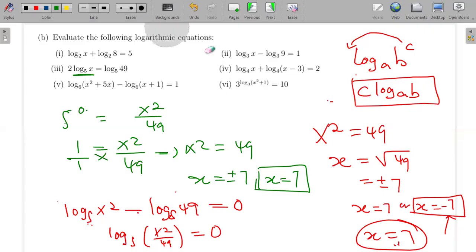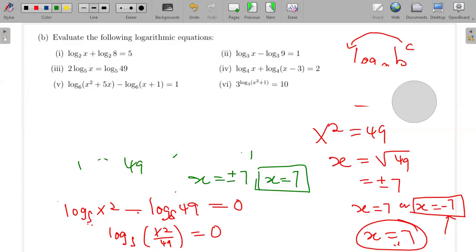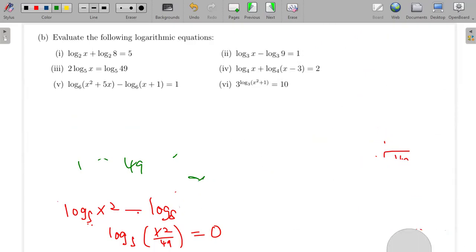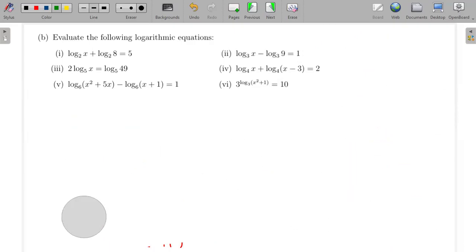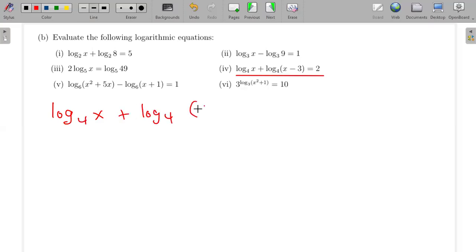Okay, let's solve the fourth one then. Here we have log base 4 of x plus log base 4 of x minus 3 is equal to 2. So we are adding and we have the same bases.